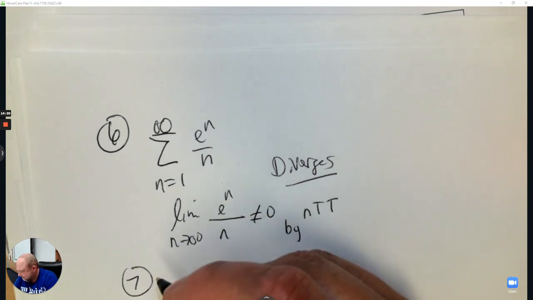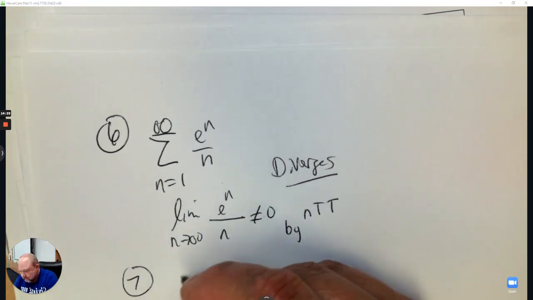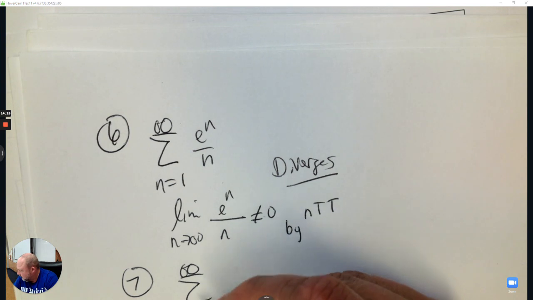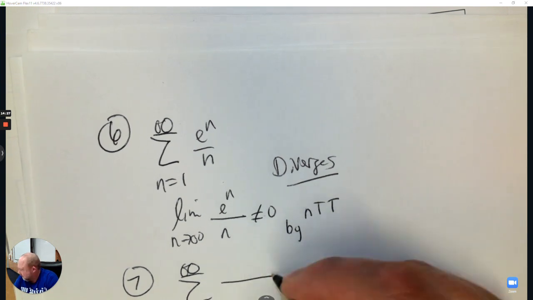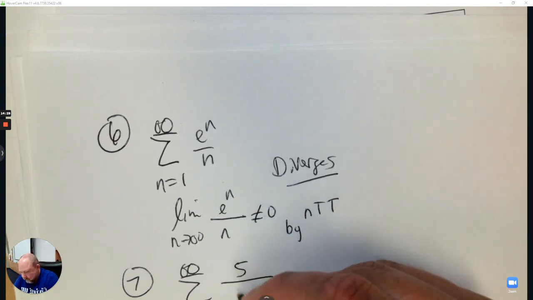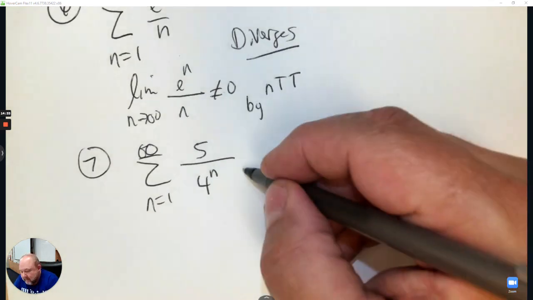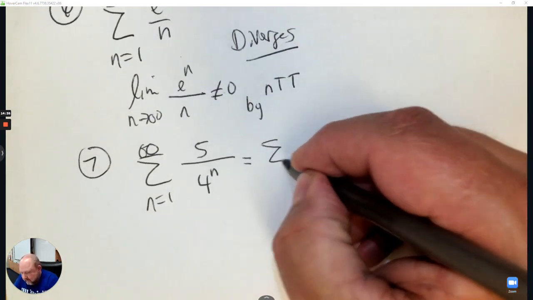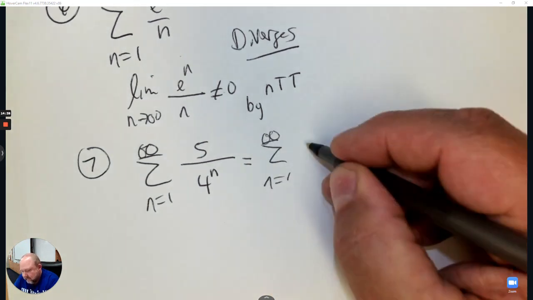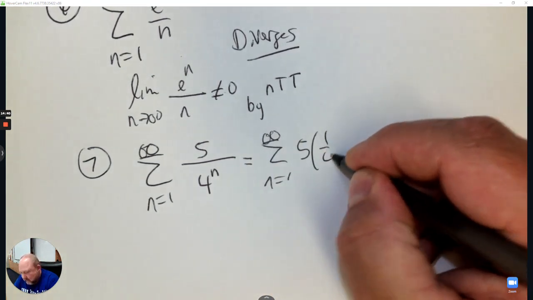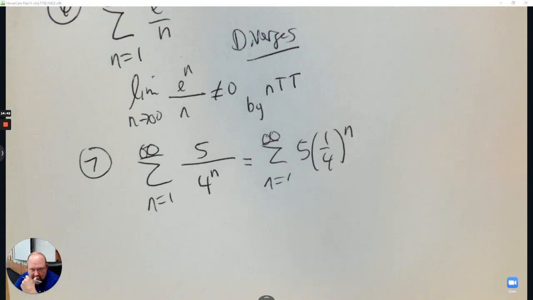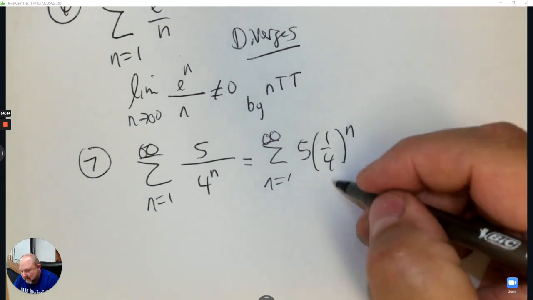Number 7. And it might be helpful to rewrite this so you can see it better as 5 and 1 over 4 to the n. That means the same thing. Because I think now you would see it.